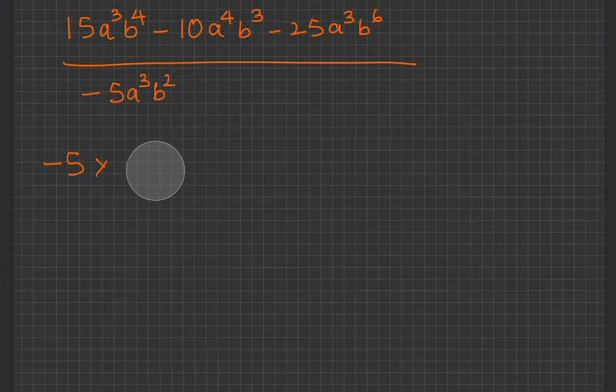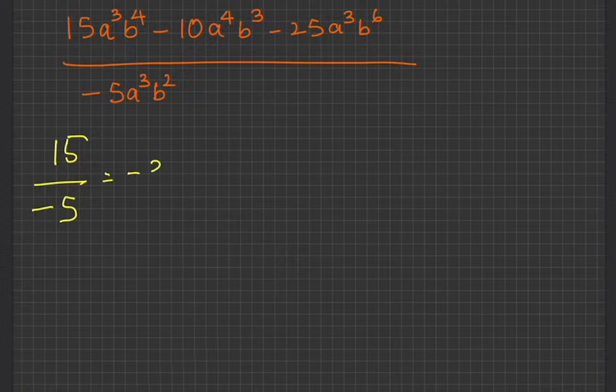So here my numeric coefficient will be negative 3, and then let's do this here, 15 by negative 5, which will be negative 3.